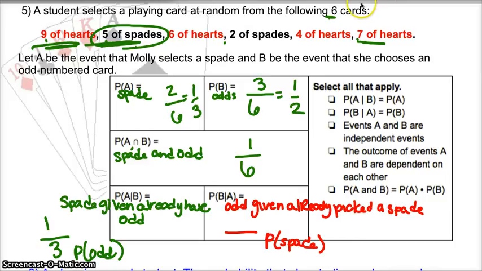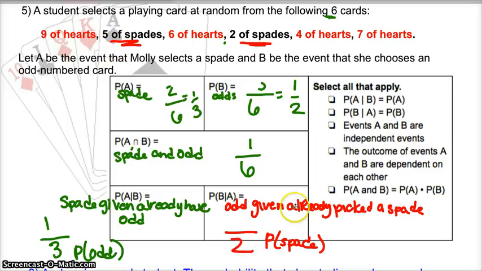Let me get my eraser because I've kind of drawn all over this. So the probability of picking a spade is 2. Then it's asking for, of those spades, what's the probability of getting an odd? This one. There's a 1 in 2 chance of getting an odd once you've already picked a spade.